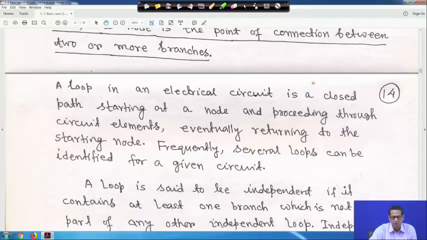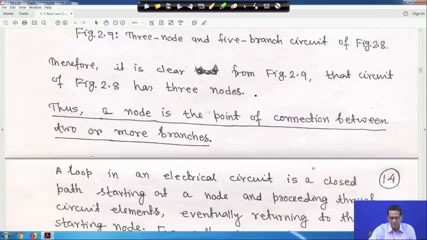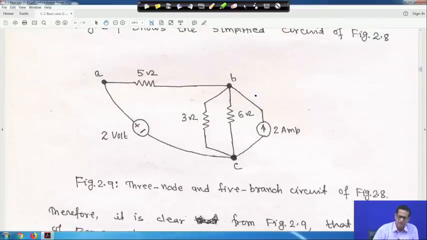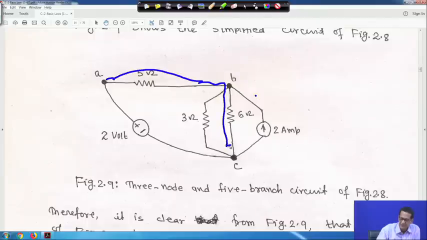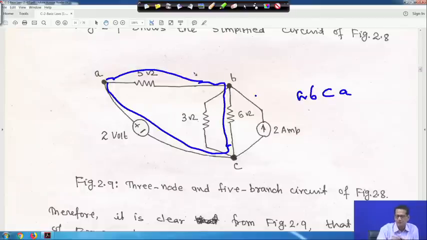Now a loop in the electrical circuit. Before explaining, a loop means, suppose I start from this point A. If I move like this, A to B, say through the 6 ohm resistor, and then move like this and come back to A, so A B C A, this is a loop, right.